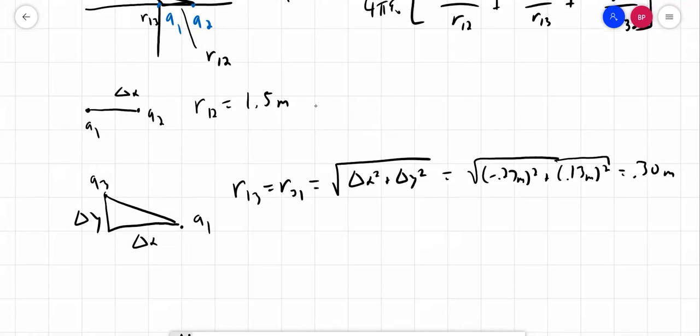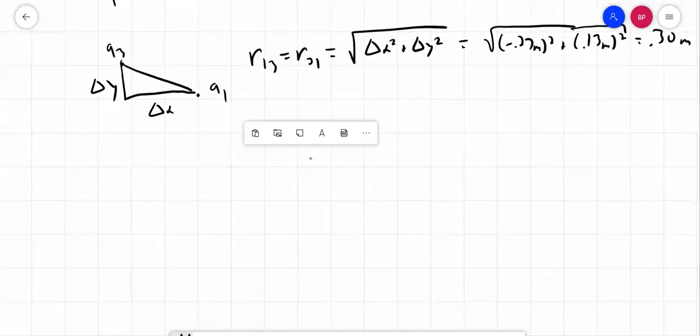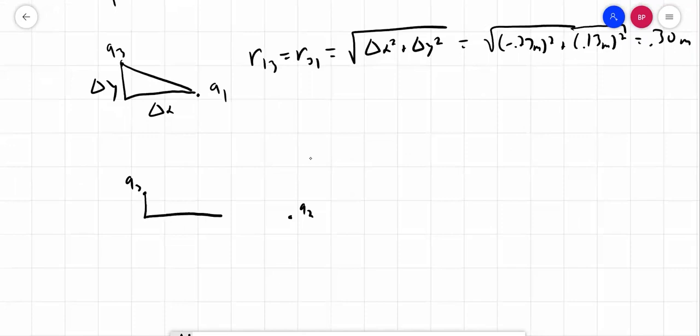All right, so we have one more between 3 and 2. So Q3 is here. Q2 is way over. We do the same thing. We draw this triangle that has sides delta Y and delta X. These are actually the Y value of Q3 minus the Y value of Q2.